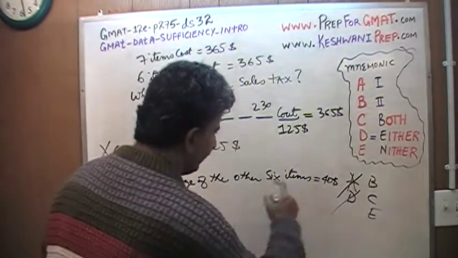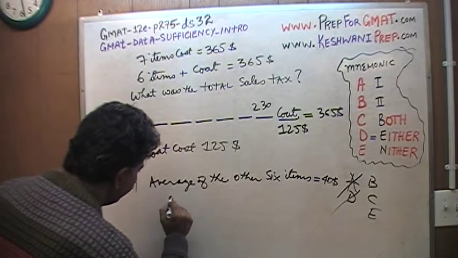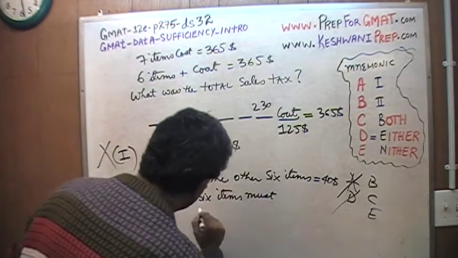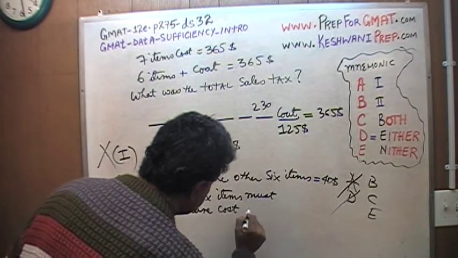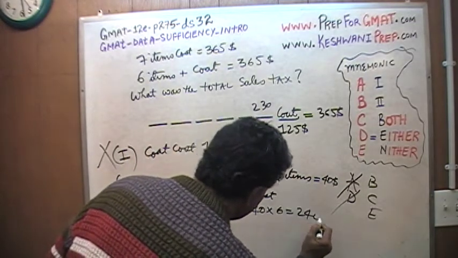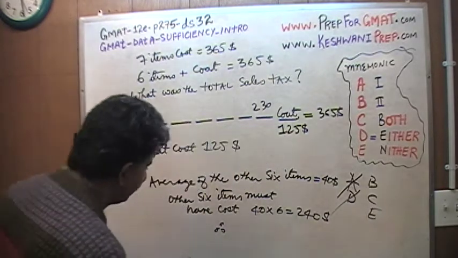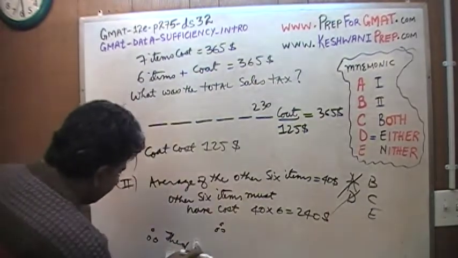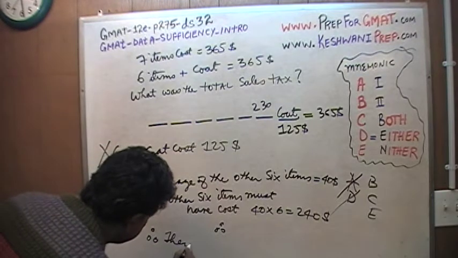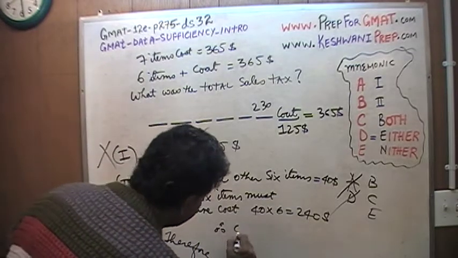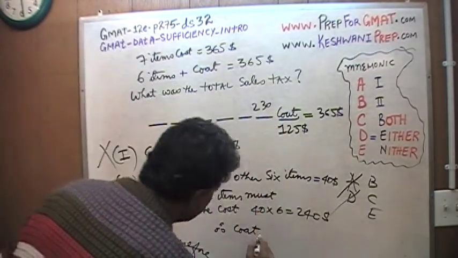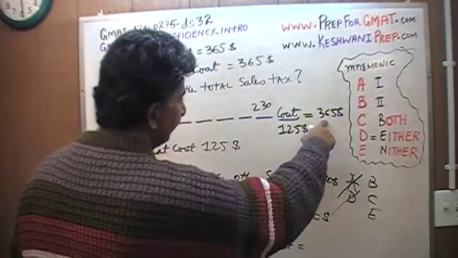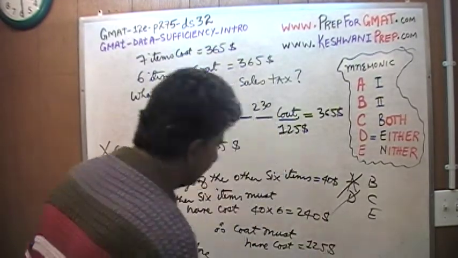Well, if the average of the other 6 items is 40, those items must have cost 40 times 6, which is 240, and therefore, and for those of you who do not know, this means therefore, the code must have cost 365 minus 240, $125.